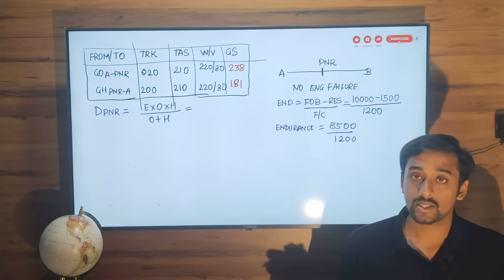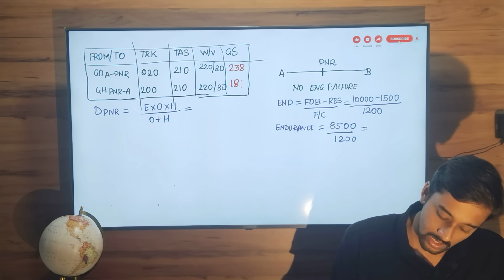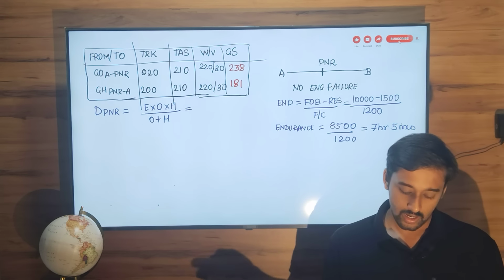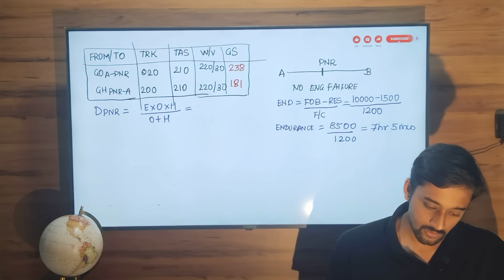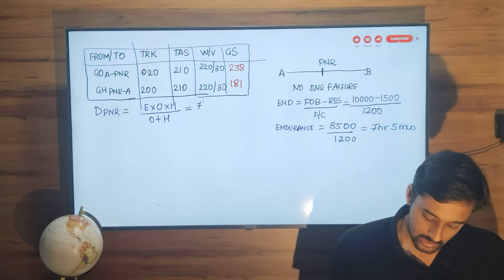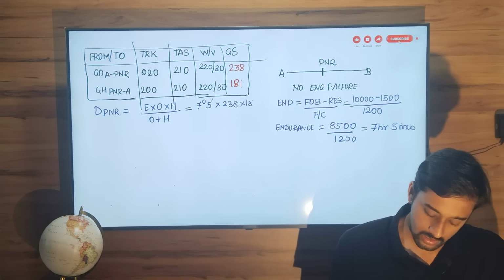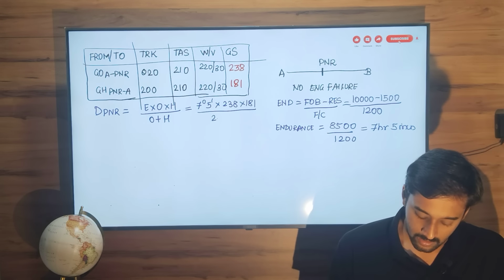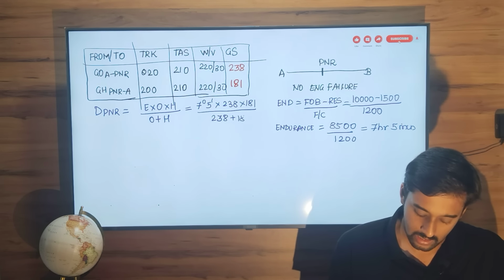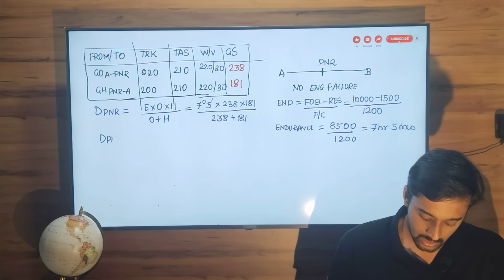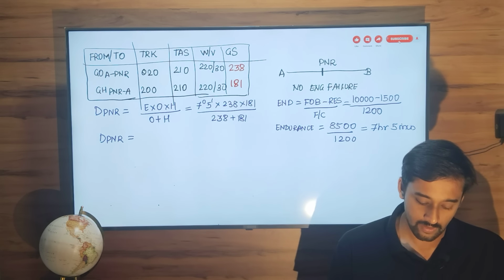That is 7 hours 5 minutes. So 7 hours 5 minutes into 238 into 181, divided by 238 plus 181. So distance to PNR equals 7 hours 5 minutes into 238 into 181.